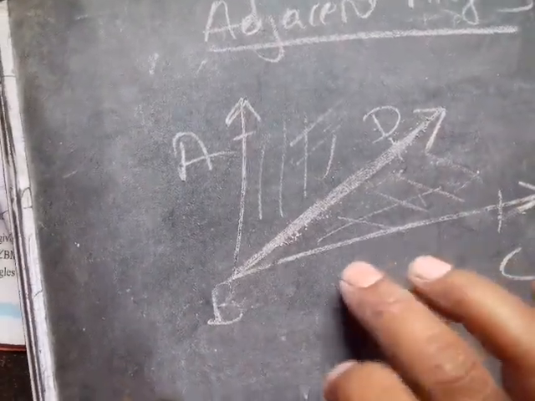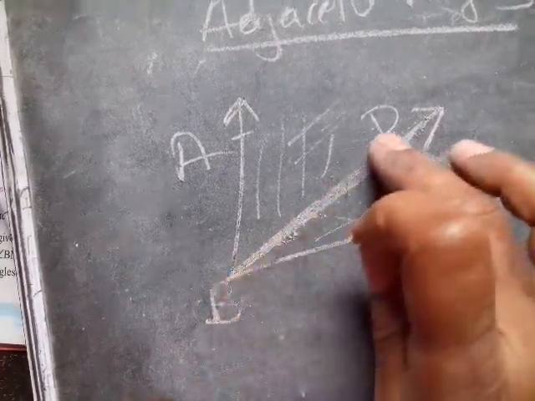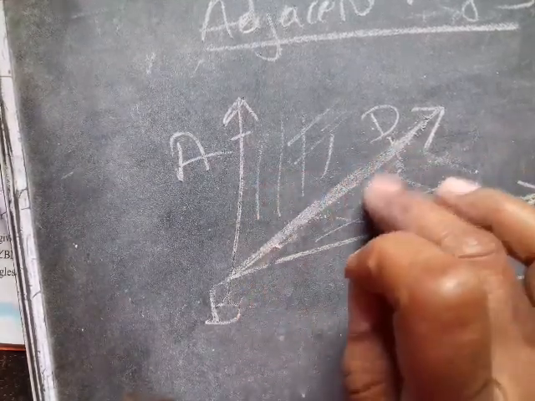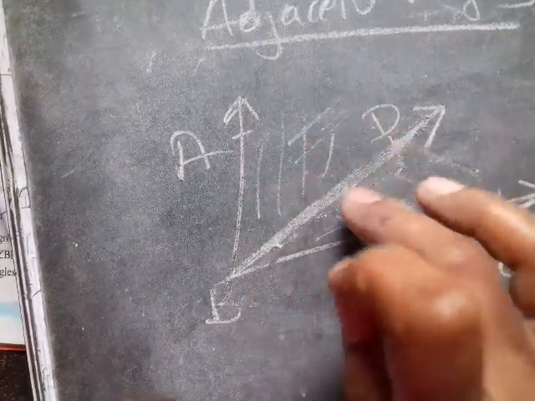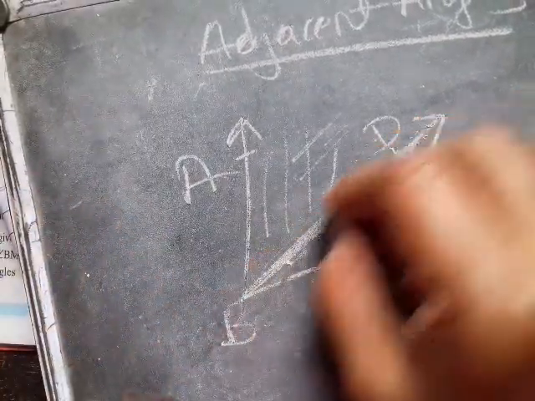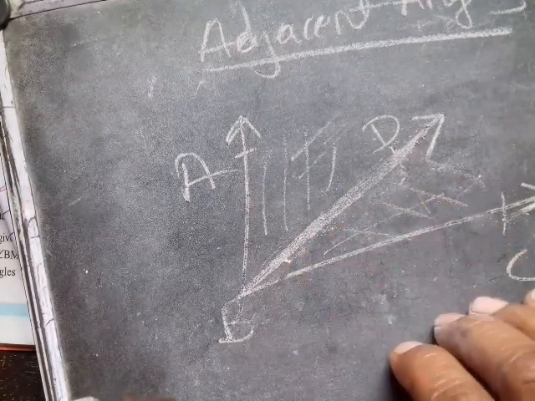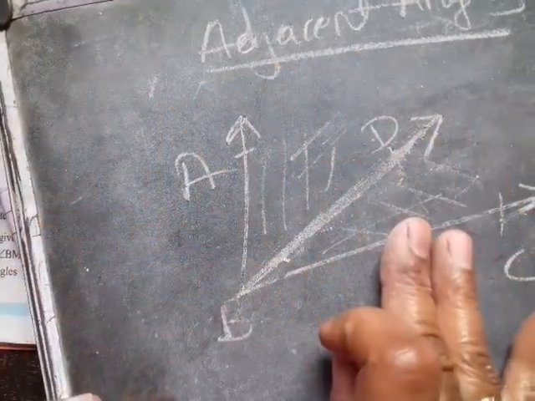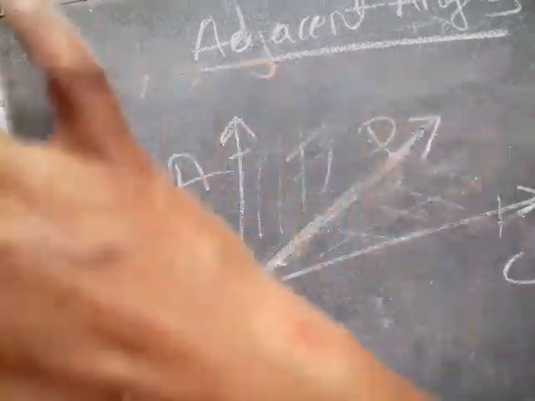The angles which have a common vertex and common arm but different interiors are called adjacent angles. It is the same as your neighbors, where only the wall is common. Your part is different, the neighbor's part is different, so they are adjacent to you. So it is called an adjacent angle.